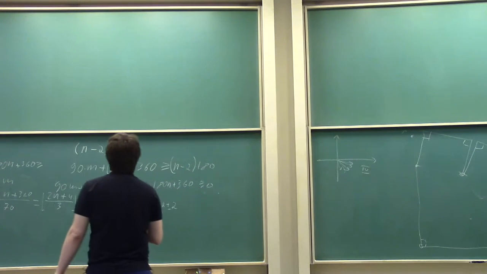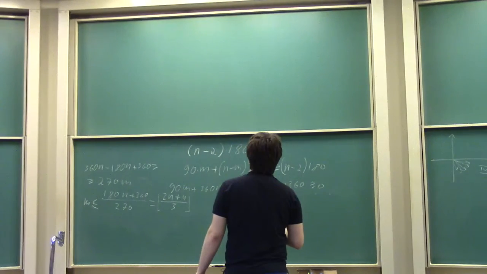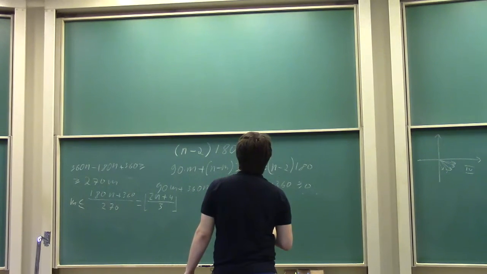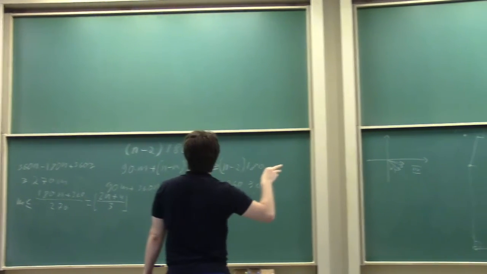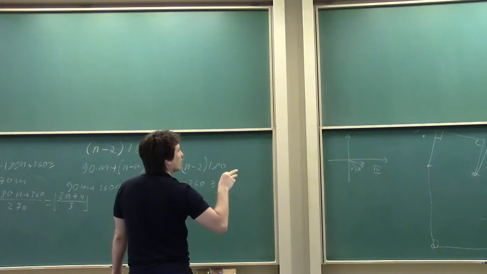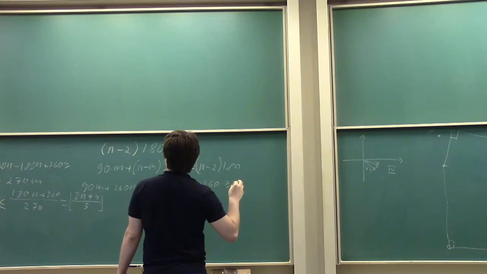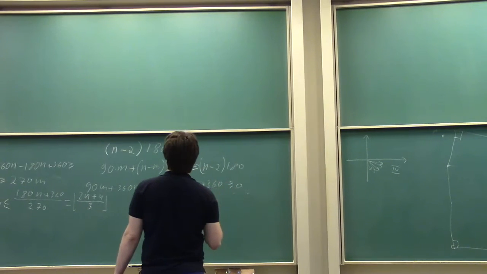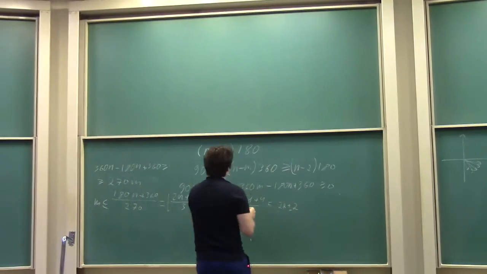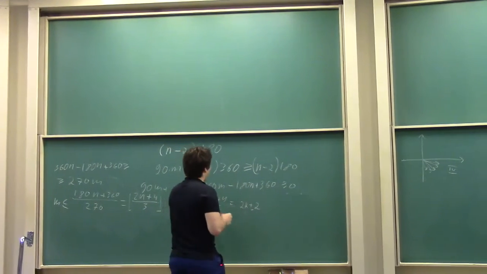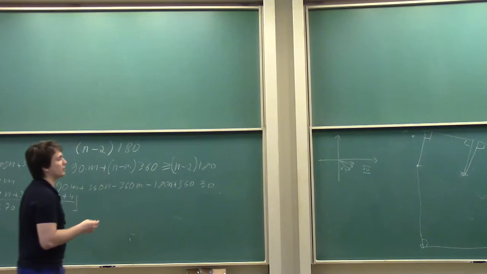Okay, so, well, I have k equal 4 here, and actually, give me a second. Oh yeah, I did something wrong probably. I have 14 nodes.